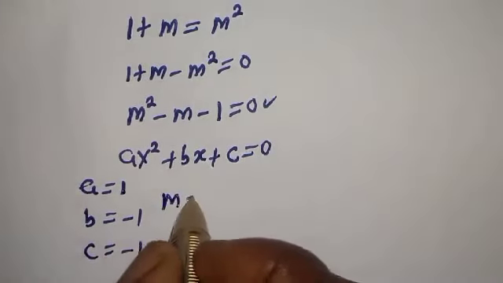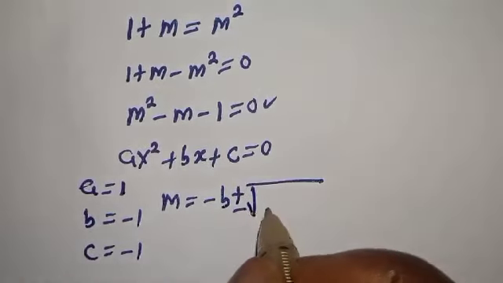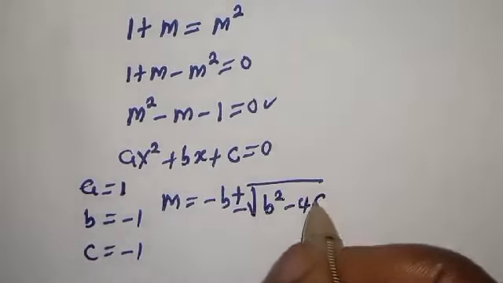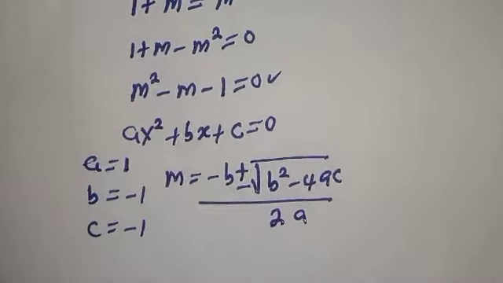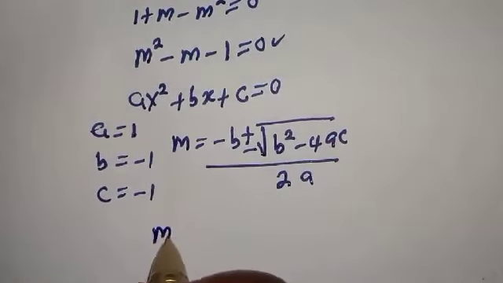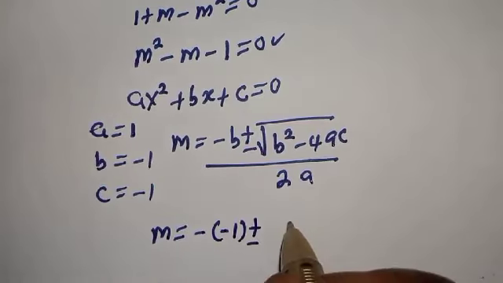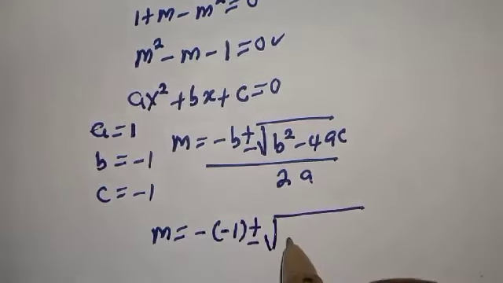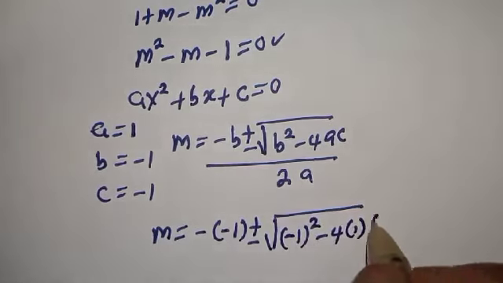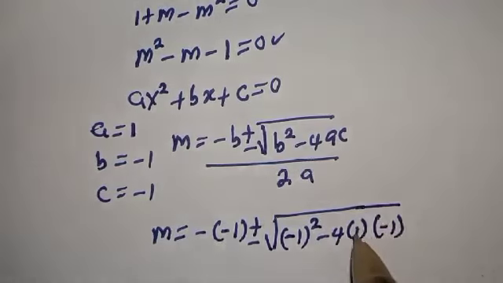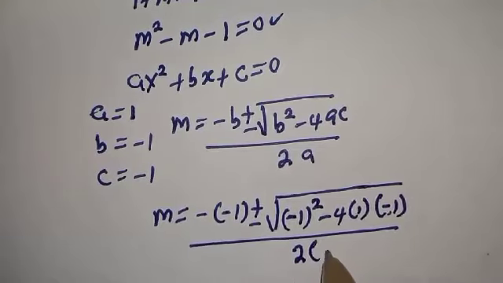Then m is equal to minus b plus or minus square root of b square minus 4ac over 2a. m is equal to minus bracket minus 1 plus or minus square root of minus 1 square minus 4 multiplied by 1 multiplied by minus 1, over 2 multiplied by 1.